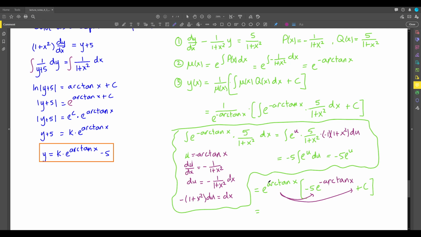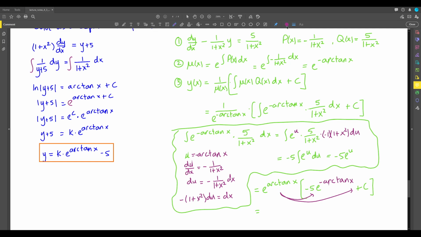The e to the power arctan x and the e to the power negative arctan x, when you multiply those two, you add the exponents, you get 0, so that's e to the power 0, so that's just negative 5.